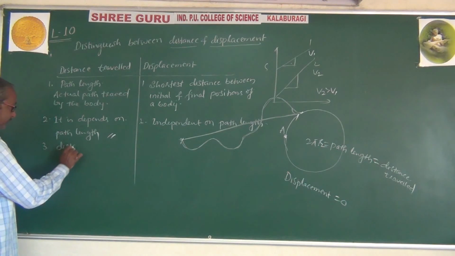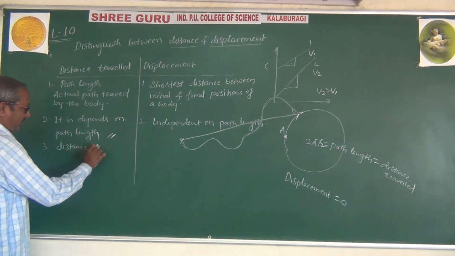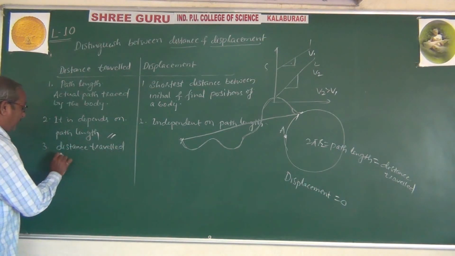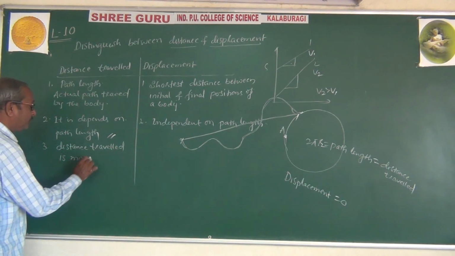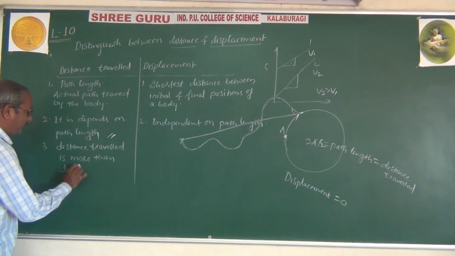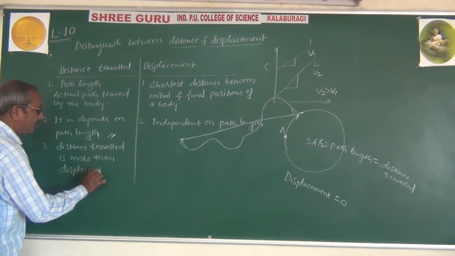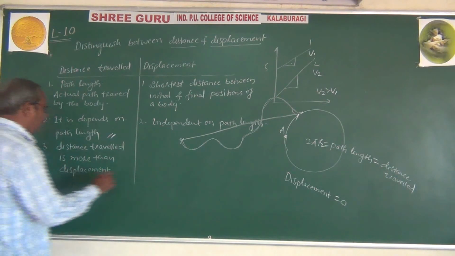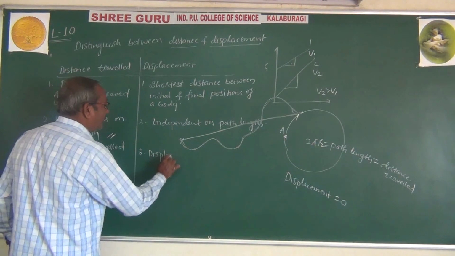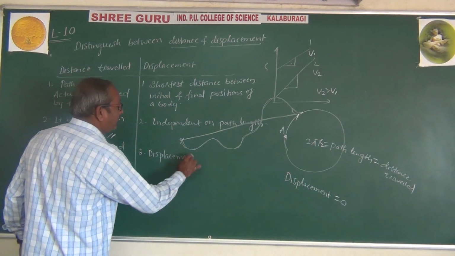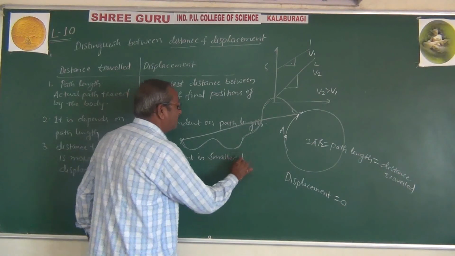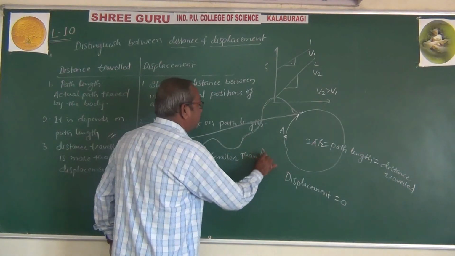Distance traveled is more than displacement, whereas displacement is smaller than distance traveled.